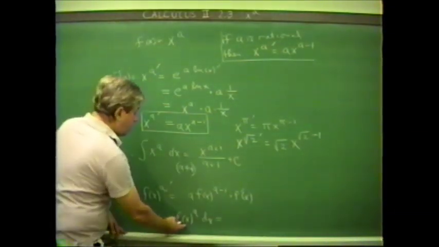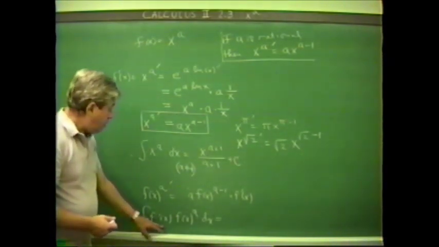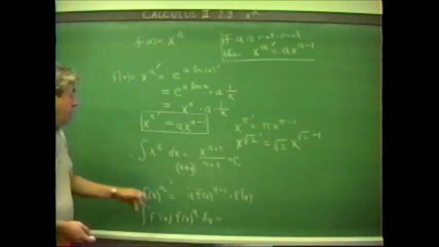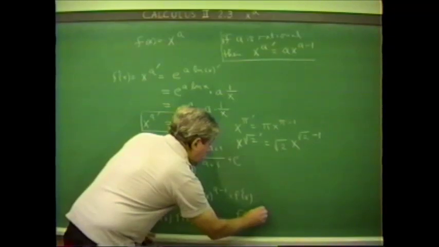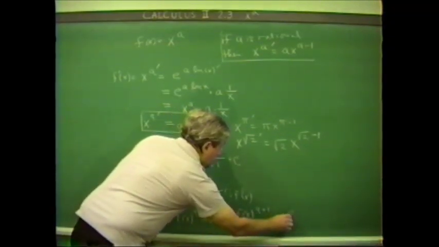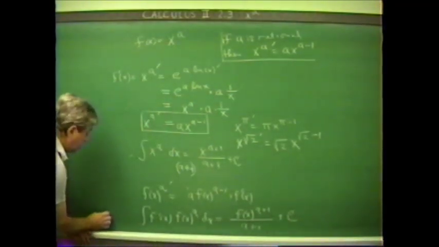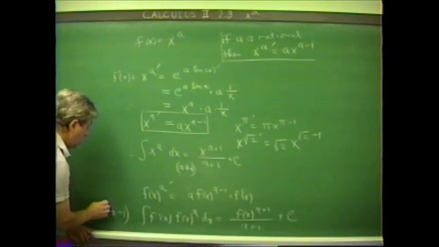Now this is a formula that's worth keeping in mind, because sometimes you can recognize when you're dealing with antiderivatives that you've got something like this to deal with. The antiderivative is going to be f of x to the a plus 1 over a plus 1 plus any constant. Here, of course, this is for a not equal to minus 1.